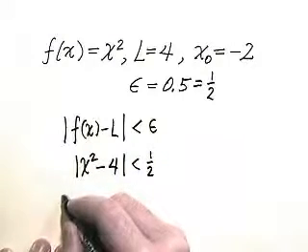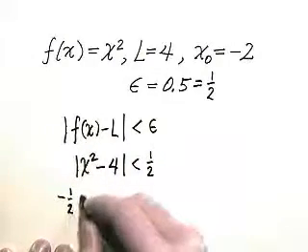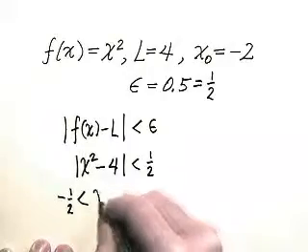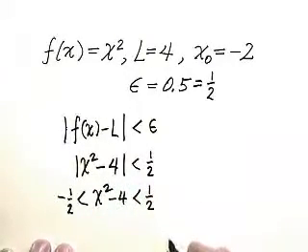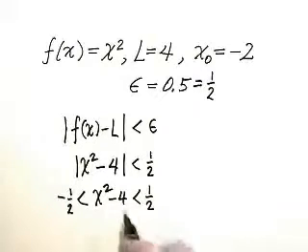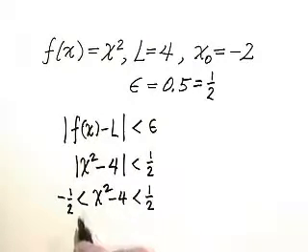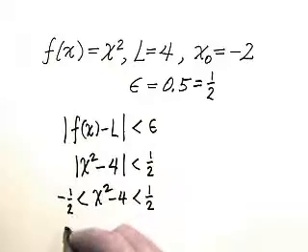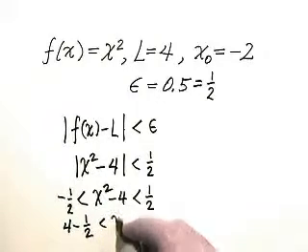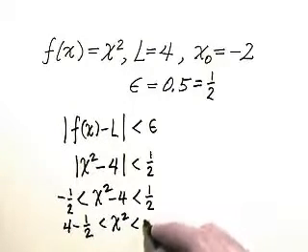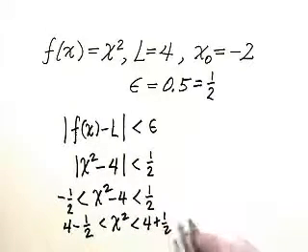Now add 4 throughout. We get 4 minus 1/2 less than x squared less than 4 plus 1/2. 4 minus 1/2 is 3 1/2, or 3.5, less than x squared less than 4 plus 1/2, or 4 1/2.